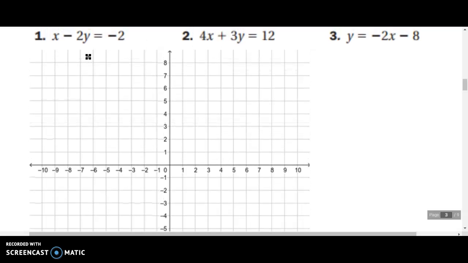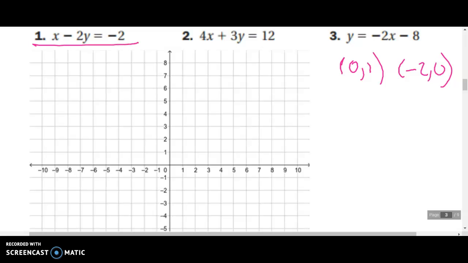So number 1, we said was the point (0, 1) and (-2, 0). All right, so we go to (0, 1) and we put a dot. We go to (-2, 0) and we put a dot. And now I just graphed my equation.